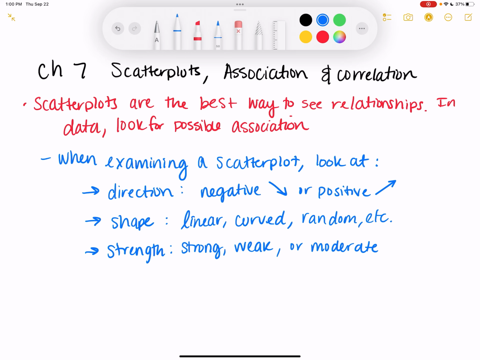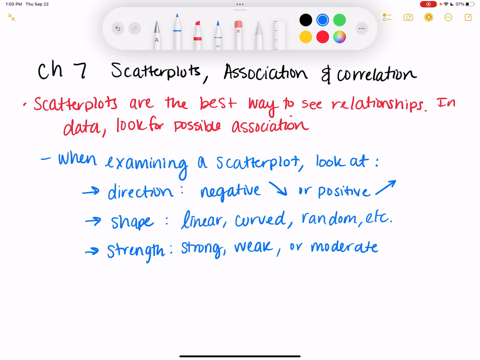So scatterplots are the best way to see relationships in data.